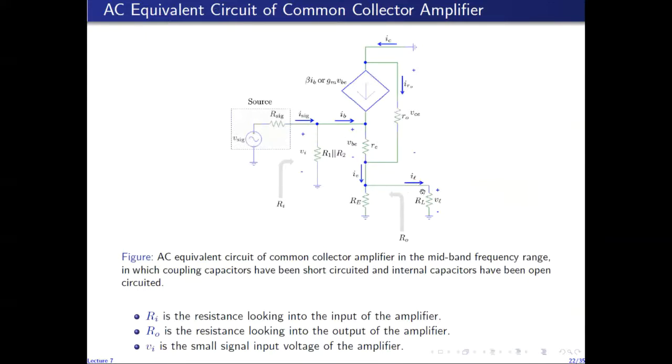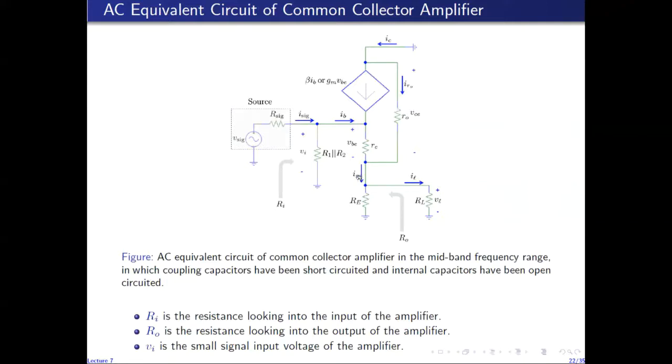So IL can be seen to be given by a fraction of small IE. Small IE divides between capital RE and capital RL. So IL is given by RE over RE plus RL times small IE.